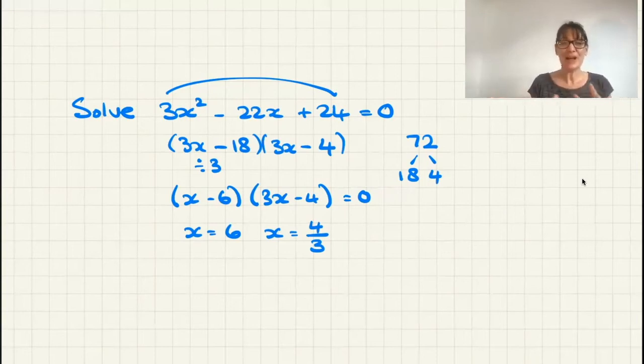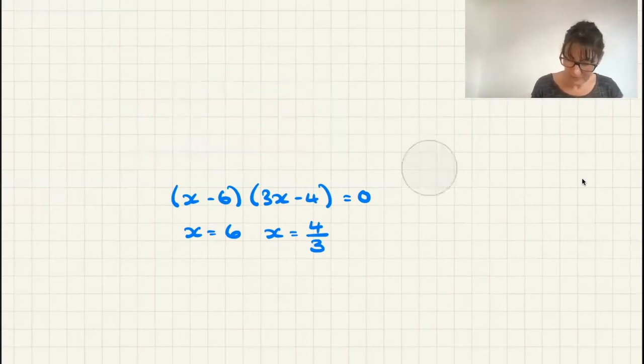I would generally factorize if I could, because if it factorizes, it's usually just working with my times tables, which is a bit easier than faffing around with the formula, especially with the negatives and things that could go wrong whilst I use that. So that's why I would opt for my factorizing over my quadratic.